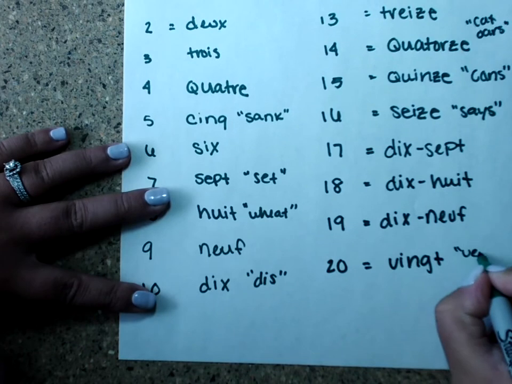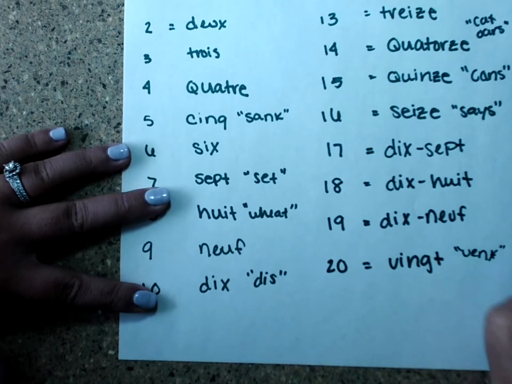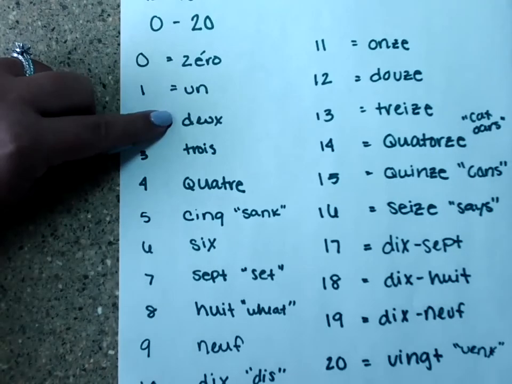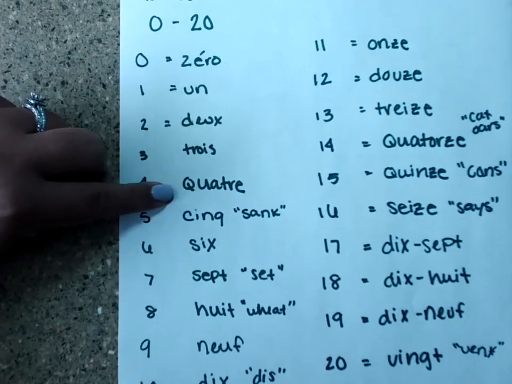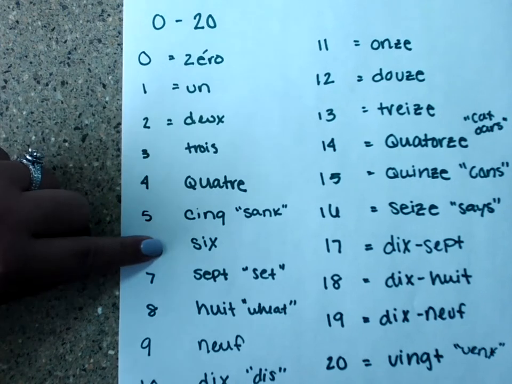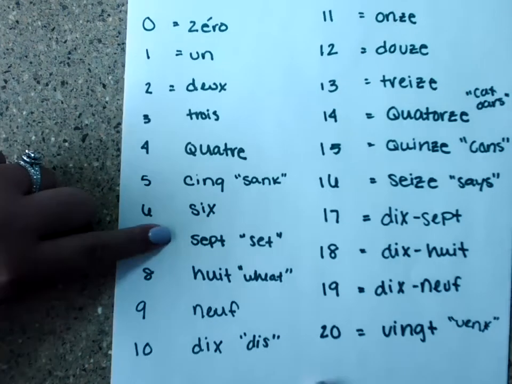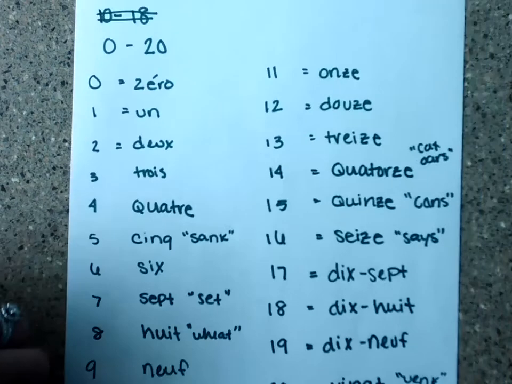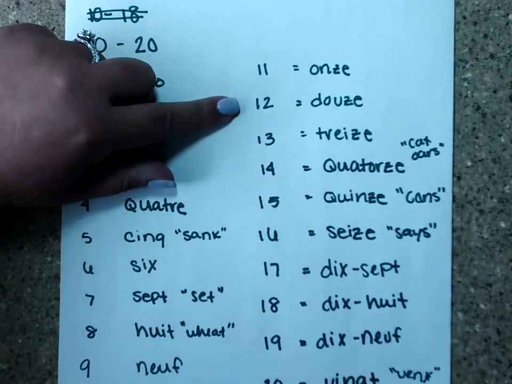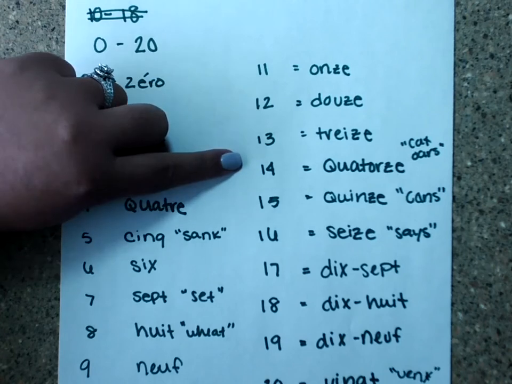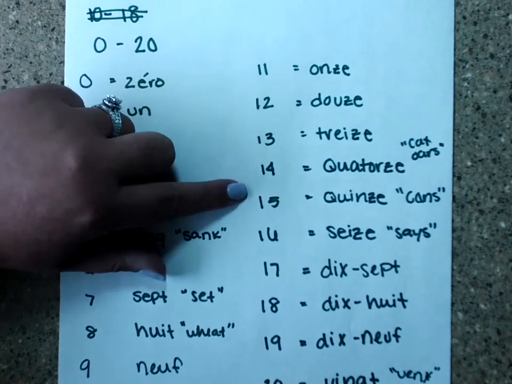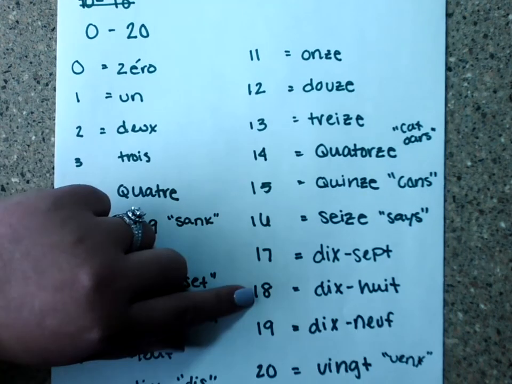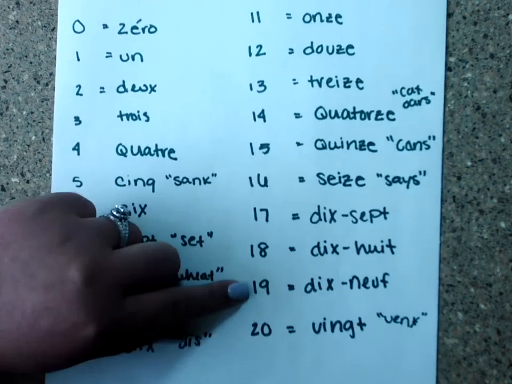Like vent without the T. So we have 0, 1, 2, 3, 4, 5, 6, 7, 8, 9, 10, 11, 12, 13, 14, 15, 16, 17, 18, 19, 20.